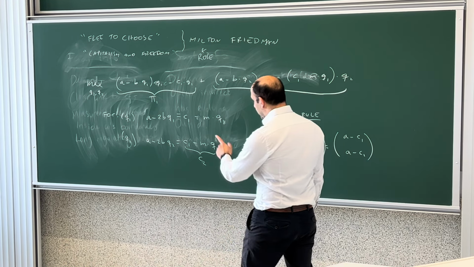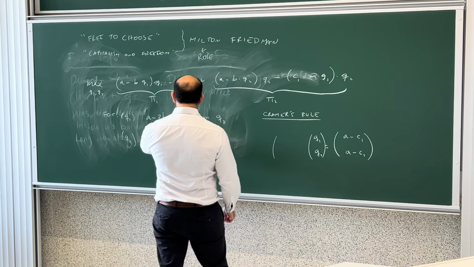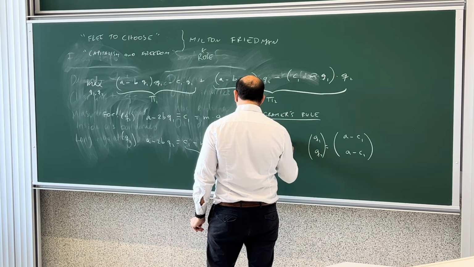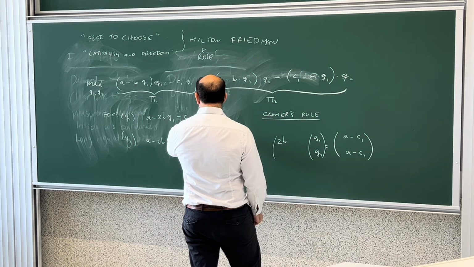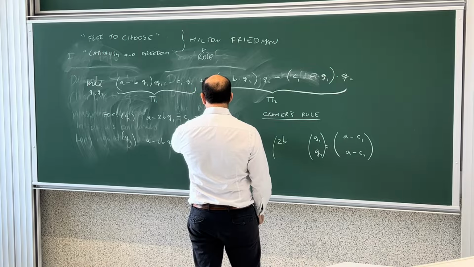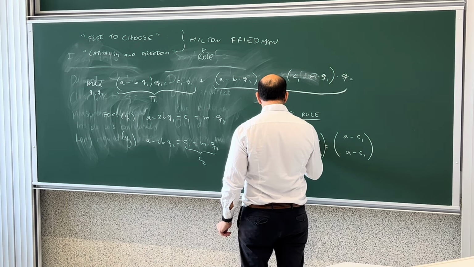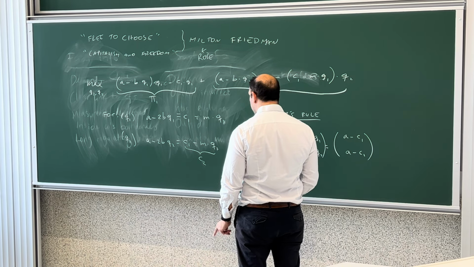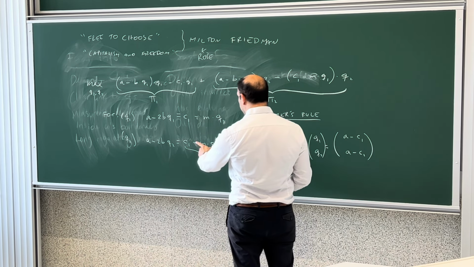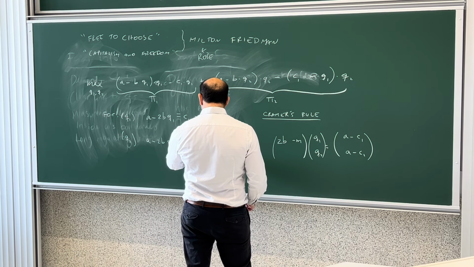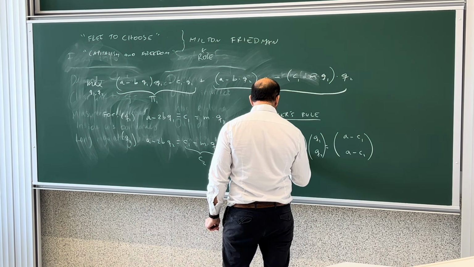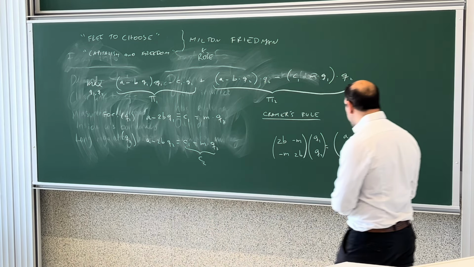And then I'm going to have the part that's multiplying Q1, right? That's going to be 2B. And the part that's multiplying Q2 is going to be minus M. Right, and here, the part multiplying Q2 is going to be 2B, and here minus M. Okay, so this is perfectly symmetric.